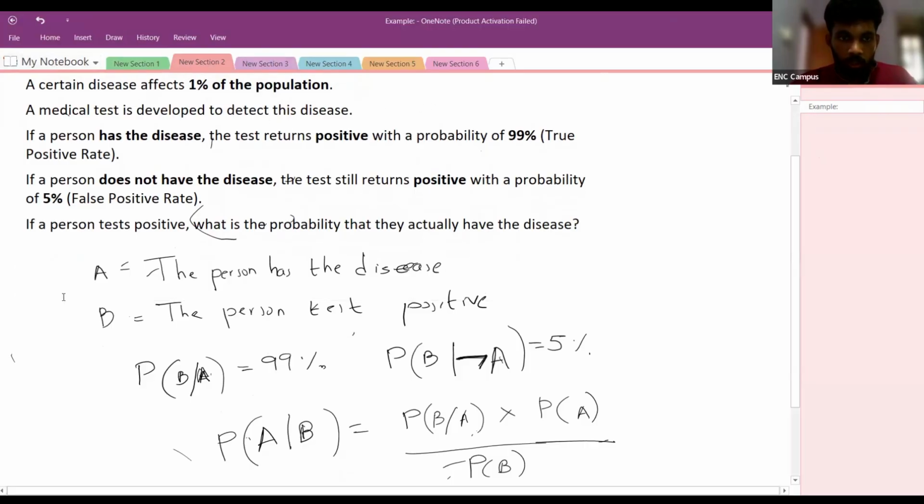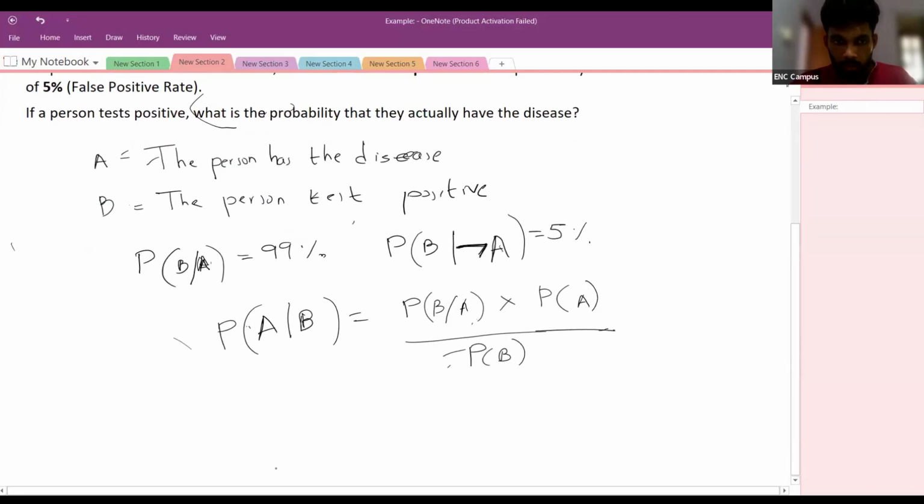So the probability of having the disease is 1%. So P(A) is 1%.